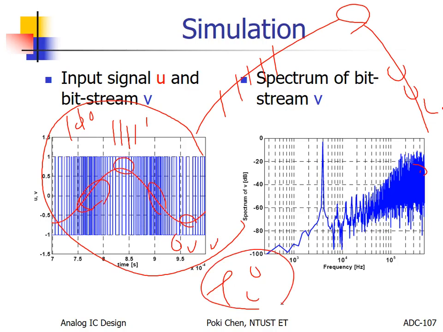Why? See? For the positive slope here, you need to get a lot of 1s. And here, a lot of 0s. And this is the reason why I told you, wow, 90 degrees shift. Is it correct? Yes. But why?